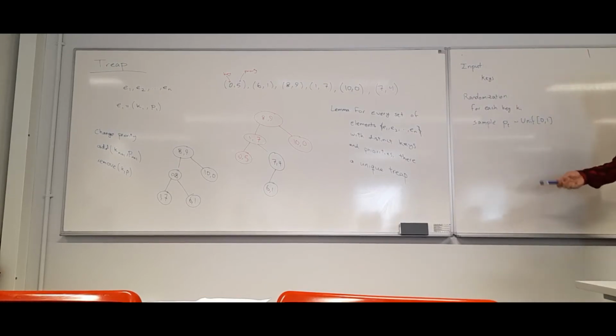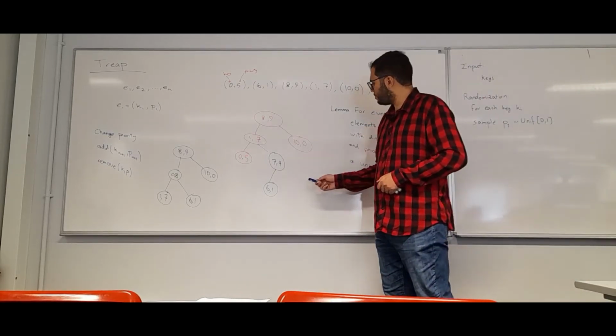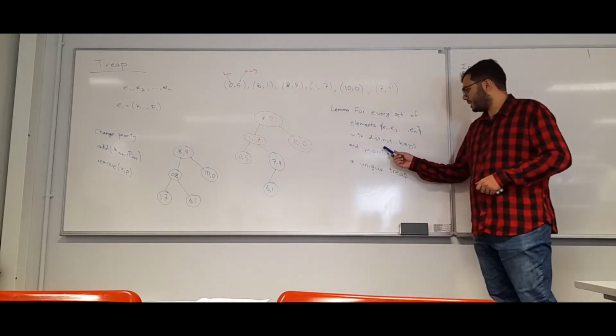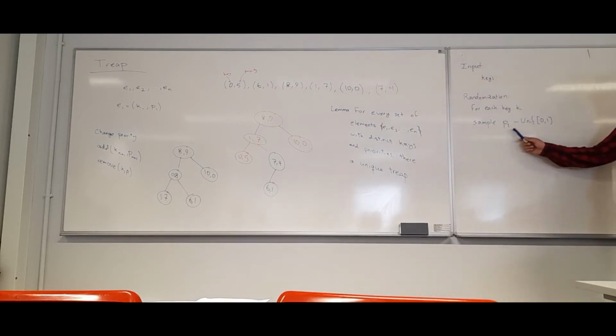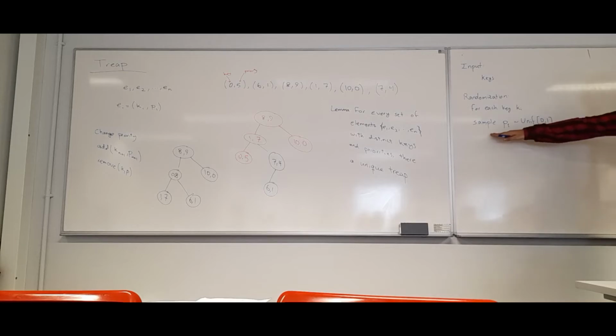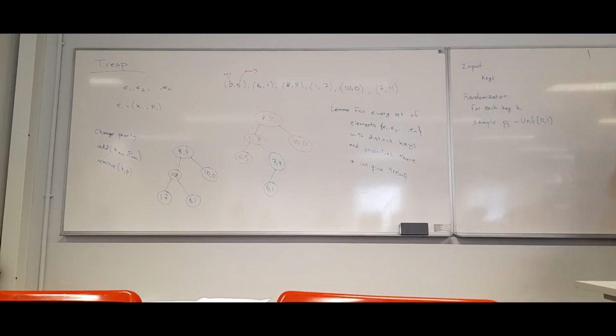And so a minor detail here is that for this Treap to be unique, we needed to have distinct keys and distinct priorities. But if you sample it uniformly from a continuous distribution, the probability that you have clashes is basically 0. So it's fine. We can assume that even though we randomly generated this, we have distinct priorities. Okay.